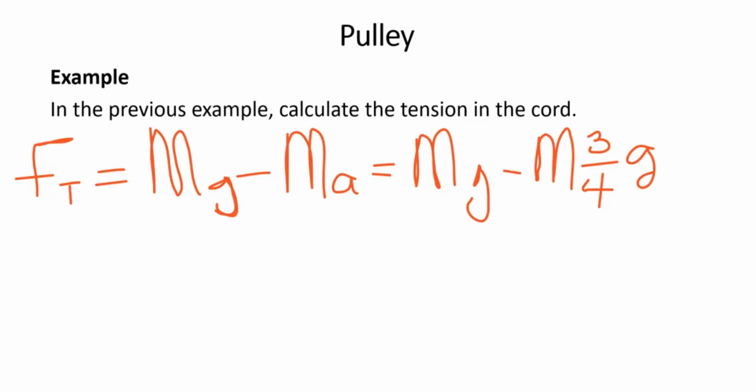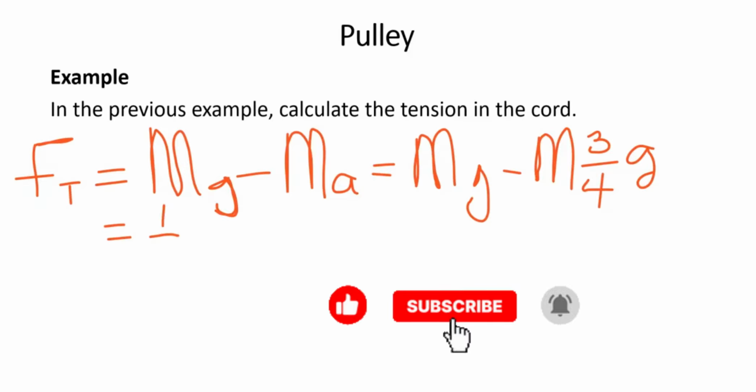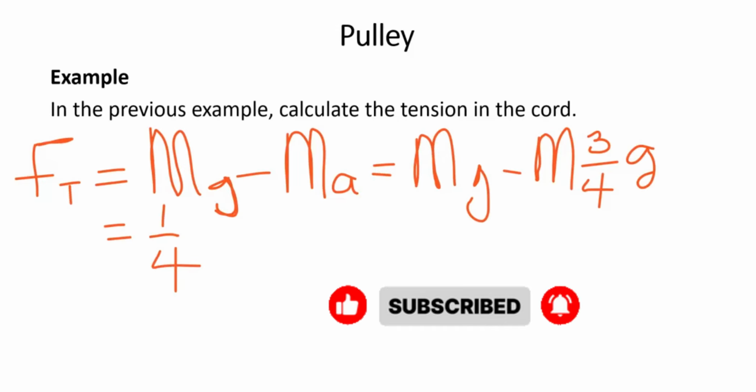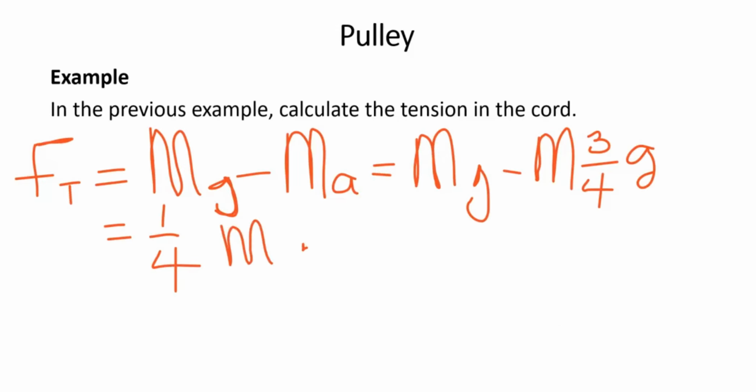So to make this substitution easier, when we subtract, Ft will be equal to Mg minus Mg times 3 over 4. So the difference will be 1 over 4 Mg.